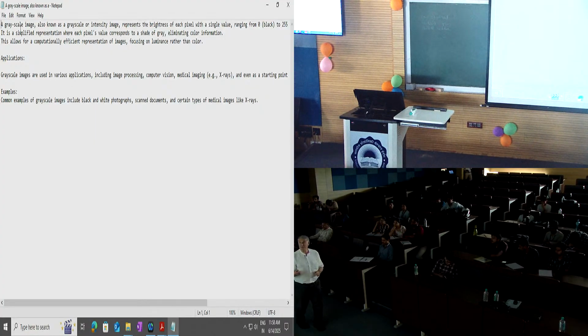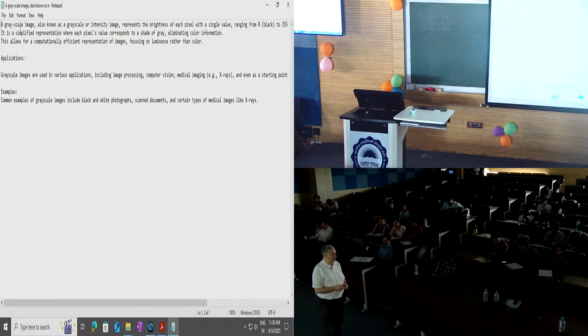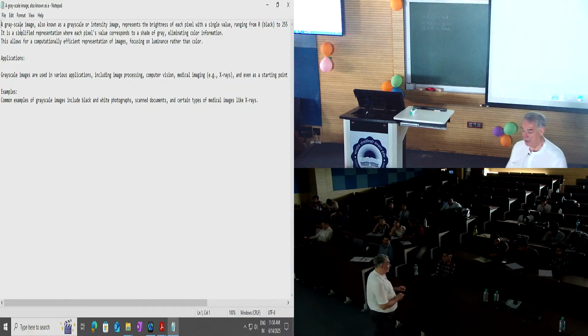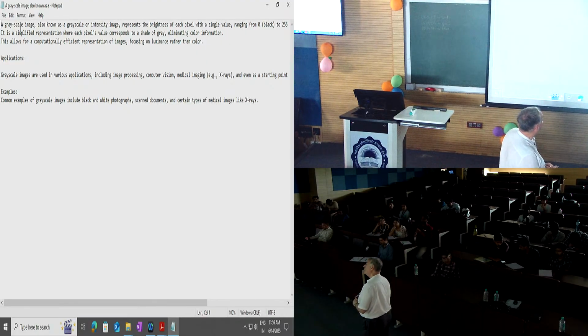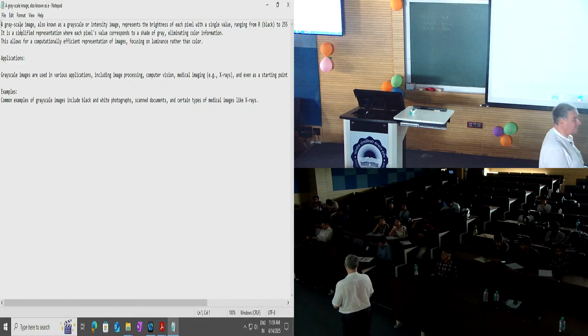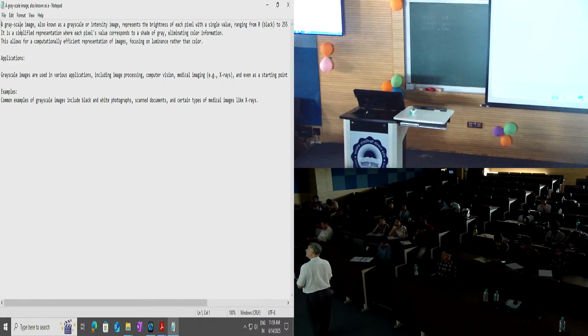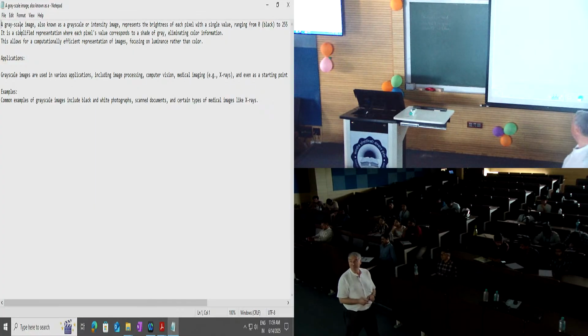In a grayscale image, each pixel has a value between 0 and 255. 0 is for black color, the biggest value 255 is for white color, and between these extreme values is the grayscale intensity.